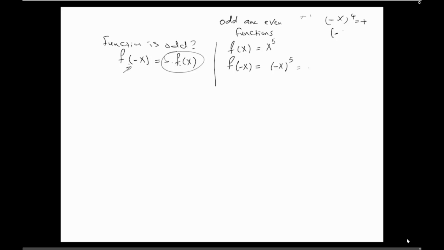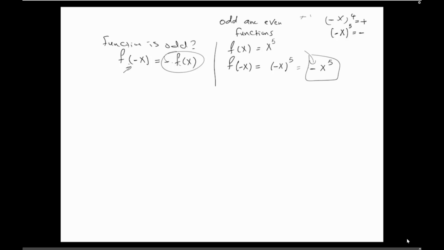But since we have an odd power, 5 in this case, it's going to give a negative. So this is the same. What we'll do is get the negative outside, and our power raised to the x.